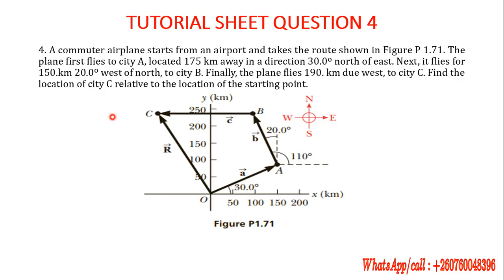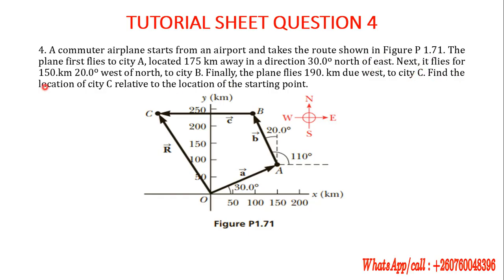For now, let's start. So now, what's the question saying? A commuter airplane starts from an airport and takes the route shown in figure P1.71. The plane first flies to city A, located 175 km away in a direction 30.0 degrees north of east.